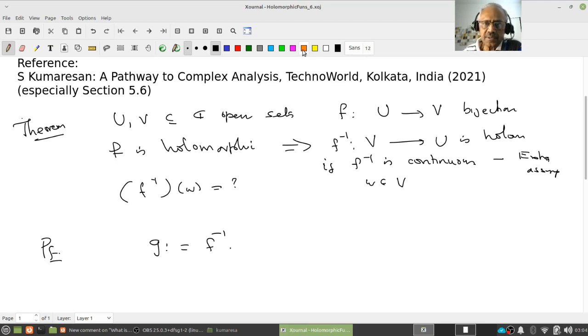Provided f inverse is continuous: f is holomorphic, f inverse exists, but if f inverse is continuous, then f inverse is holomorphic. Is the result clear?